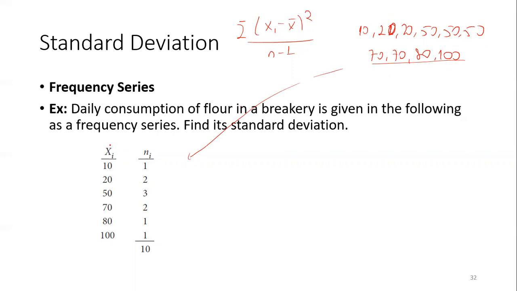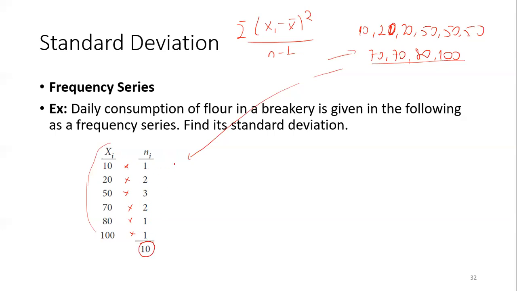You can calculate the standard deviation of this data just similar to the way that you calculated it for the other one. First we need to find the average. Remember, we will do 10 times 1, plus 20 times 2, plus 50 times 3, 7 times 2, 8 times 1, 100 times 1, sum them up and divide by the number of observations.